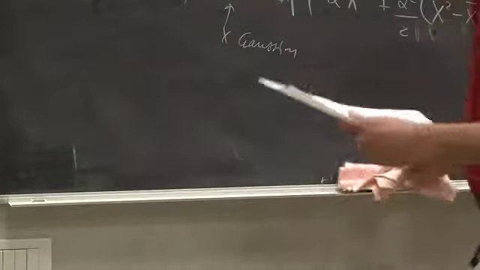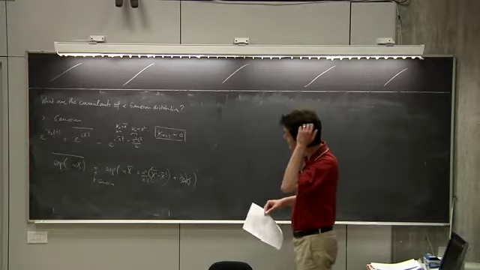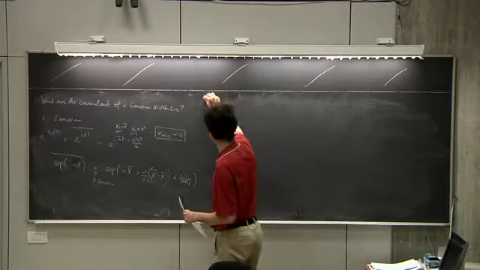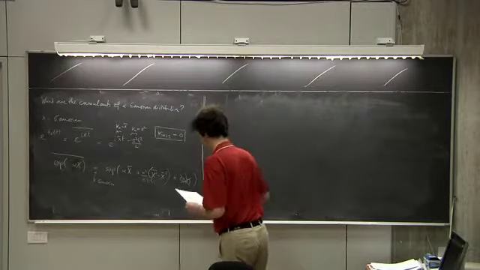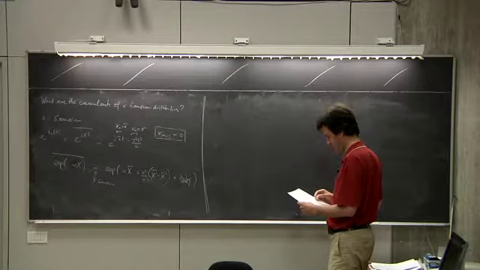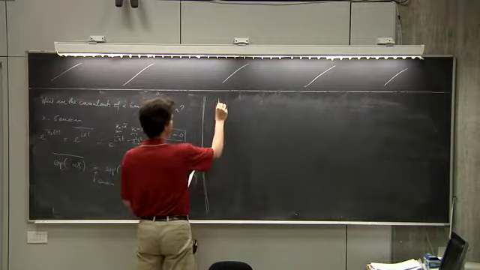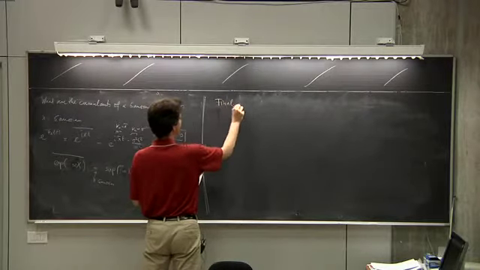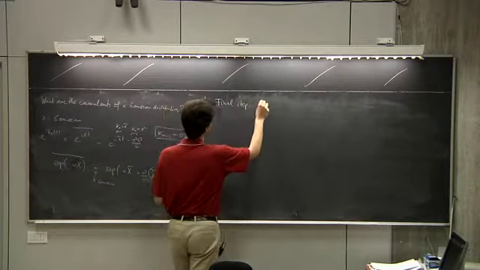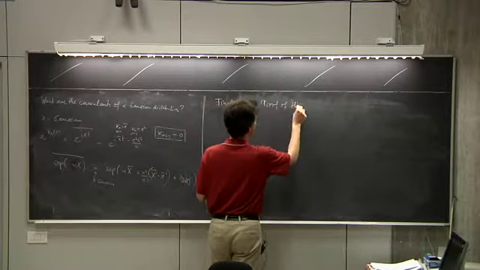Okay. So now we are ready for the central limit theorem. So what we now want to do is, we have now the final step: proof of the central limit theorem.